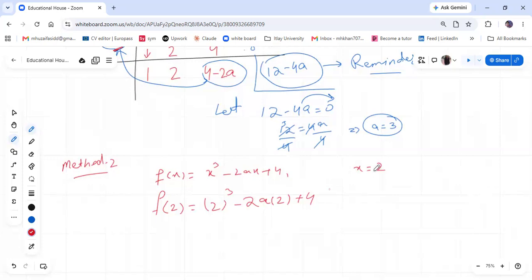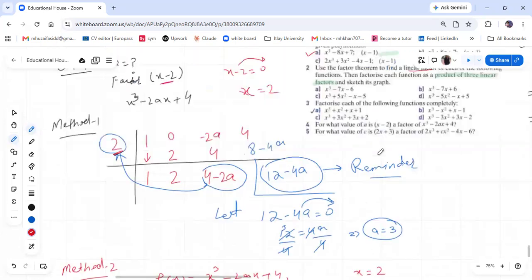But here, if we look at the above problems, we are not proving that x minus 2 is a factor of that equation. Our question is telling us that x minus 2 is the factor of that equation. In our previous problems, we were proving this is the factor, or finding the factor.